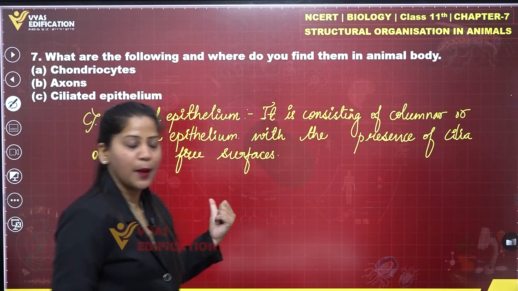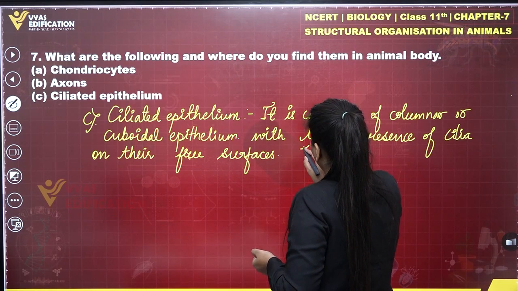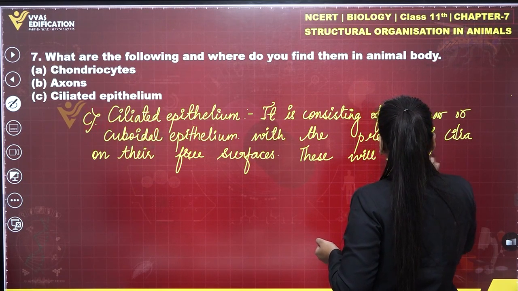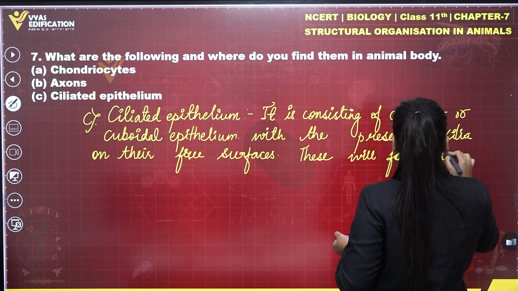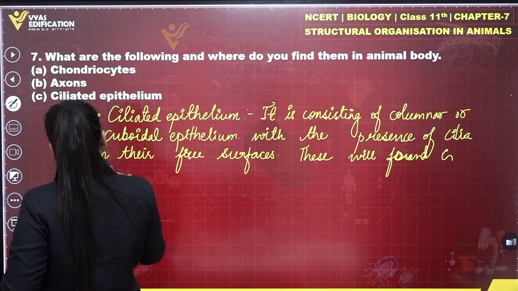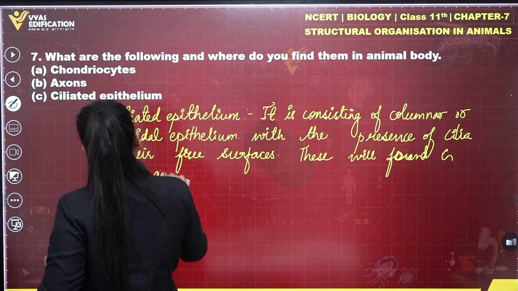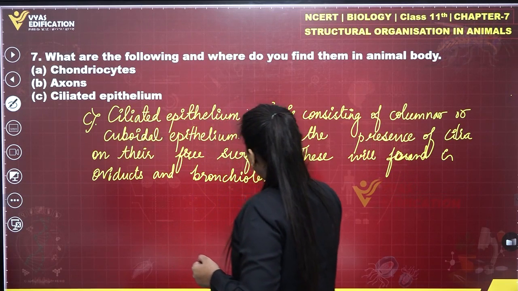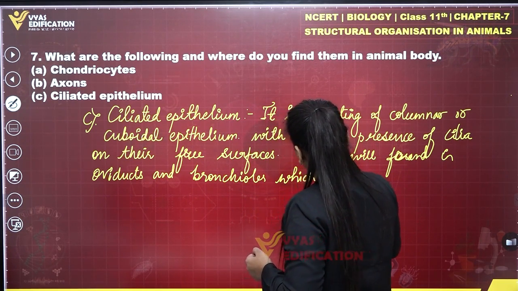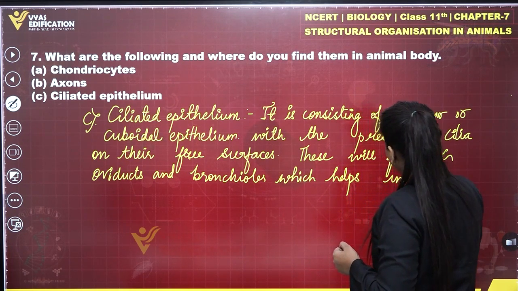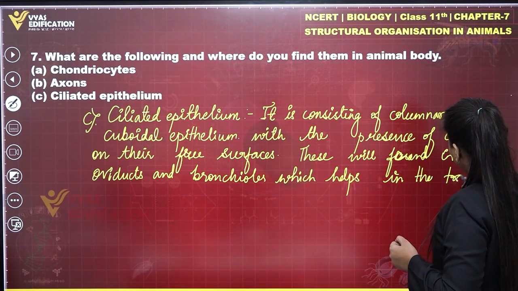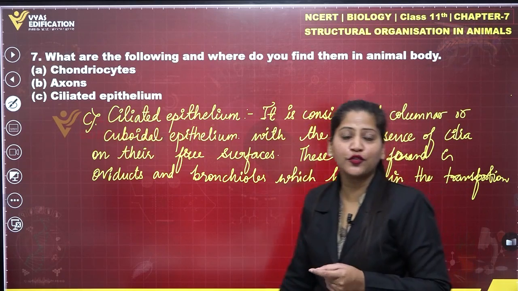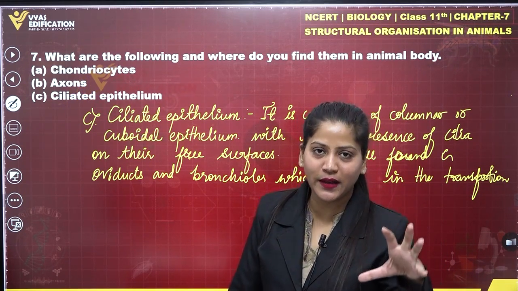You will find the ciliated epithelium in oviducts and bronchioles, which helps in the transportation of egg and mucus in a specific direction, right?